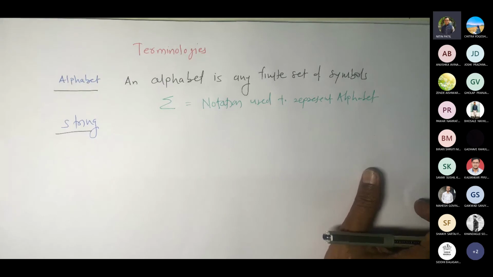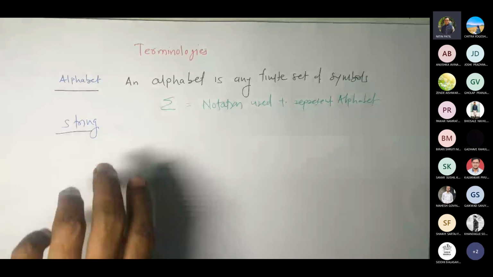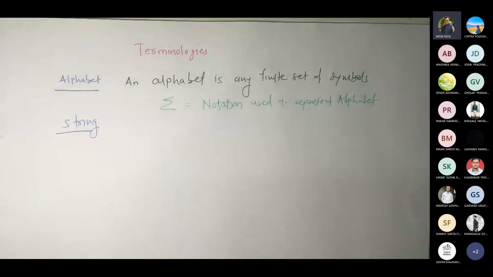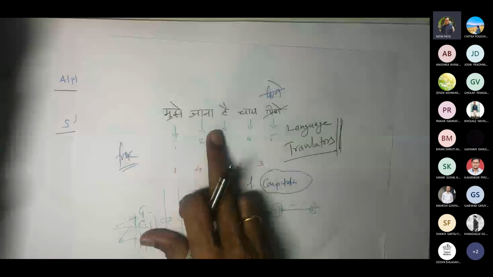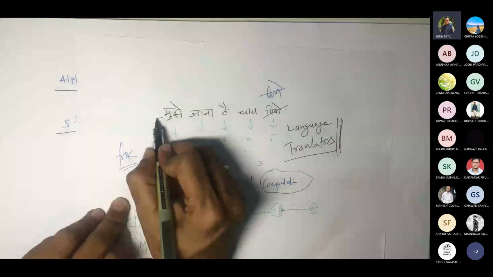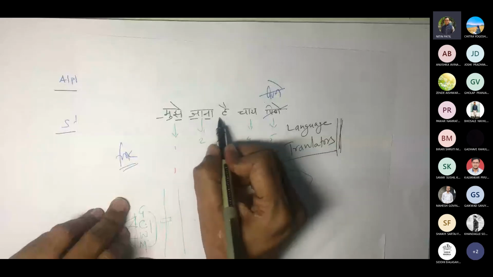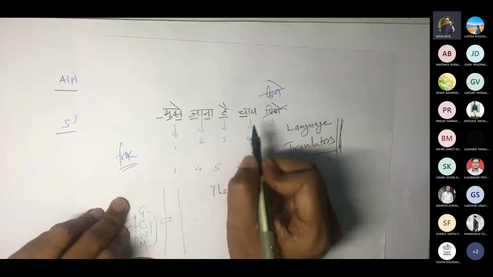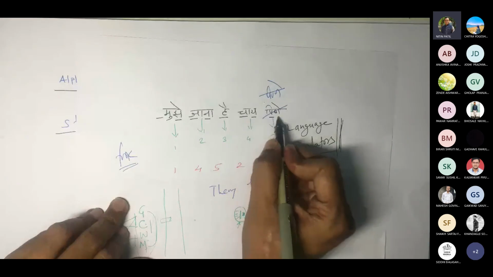Say A to Z, or, in yesterday's class, I used some Hindi text while communicating: मुझे जाना है चाय पीने. Here the characters came together: म, ज, न, है, च, य, प, न.